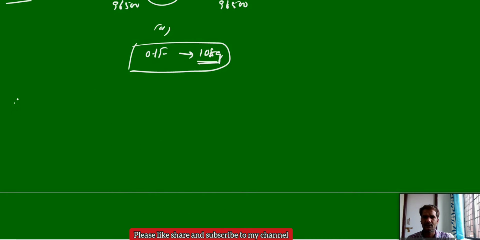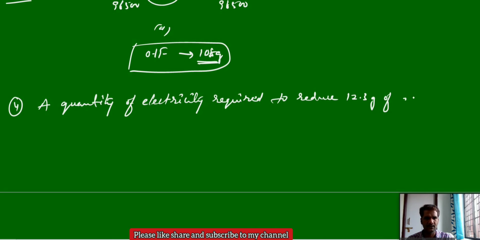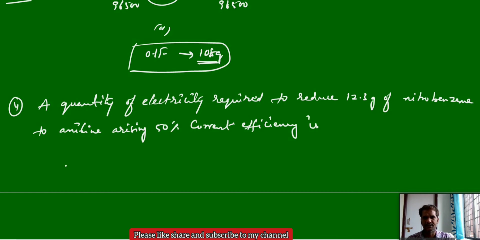One more question here. The quantity of electricity required to reduce 12.3 grams of nitrobenzene to aniline, with 50% current efficiency, is? So what is the quantity of electricity required to reduce 12.3 grams of nitrobenzene to aniline with 50% current efficiency?